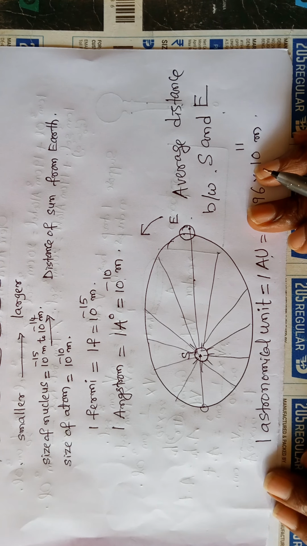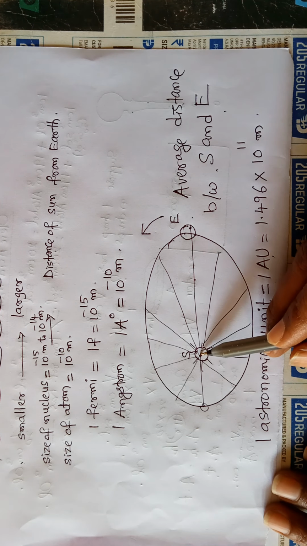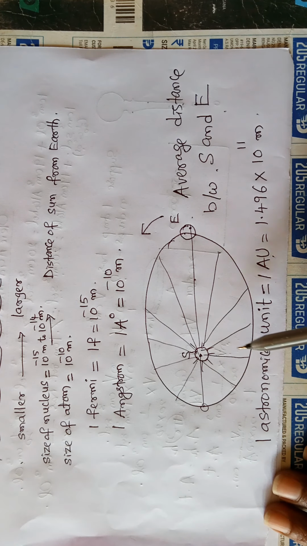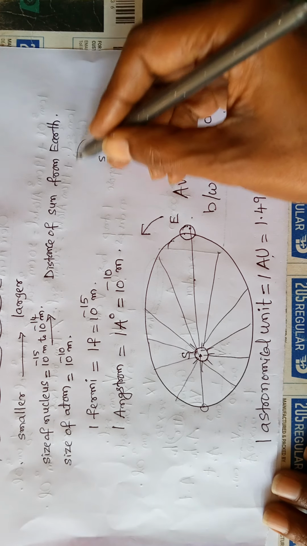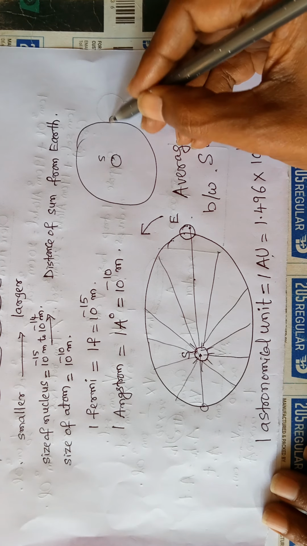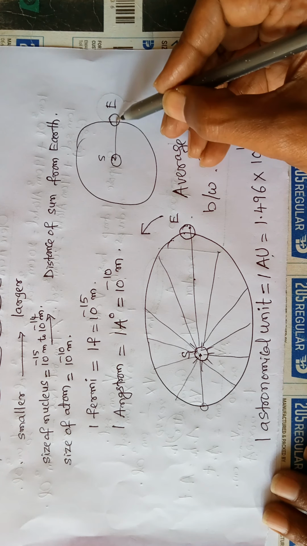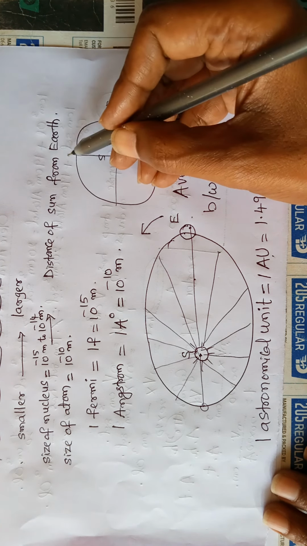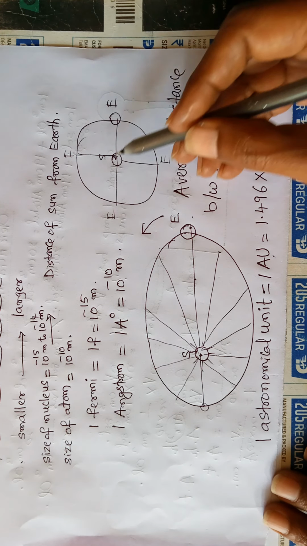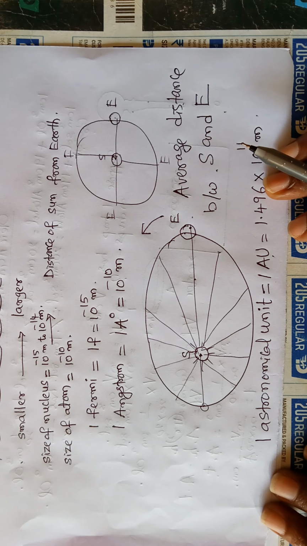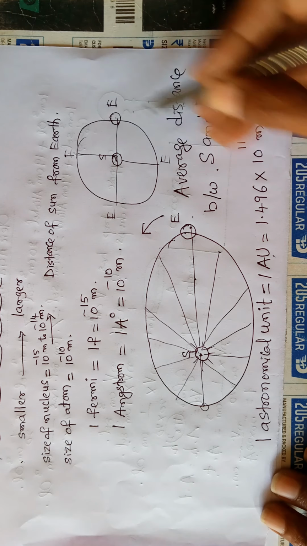Once you look at the diagram, since this is an ellipse, the distance between sun and earth is changing. If this was a circle, the distance between sun and earth, wherever it is, would be same, and the distance will be called the radius of the orbit.